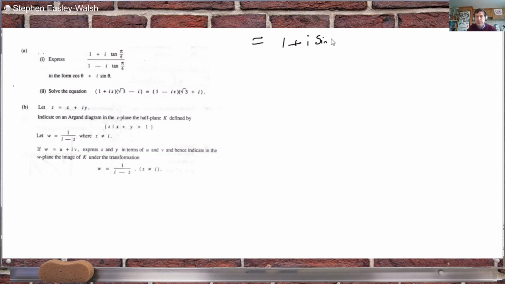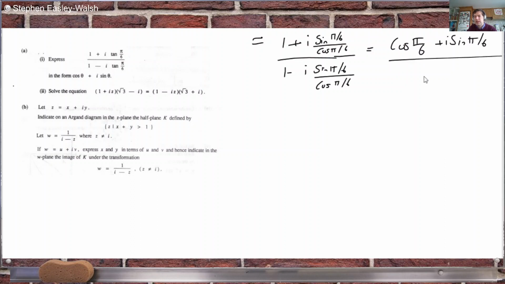So that'd be sine pi over 6 over cos pi over 6, over 1 minus i sine pi over 6 over cos pi over 6, and then we'll multiply everything by cos. So we get cos pi over 6 plus i sine pi over 6, over cos pi over 6 minus i sine pi over 6.